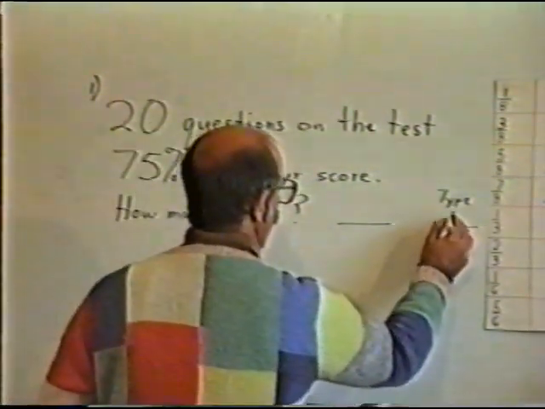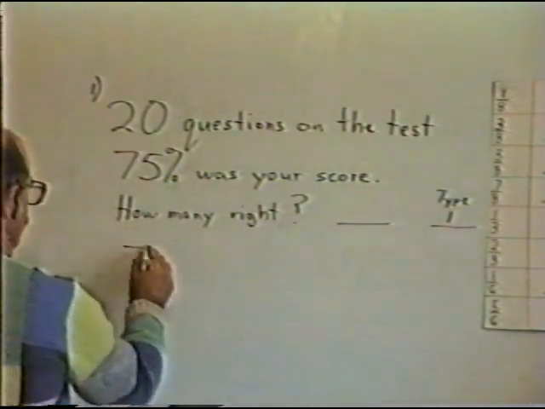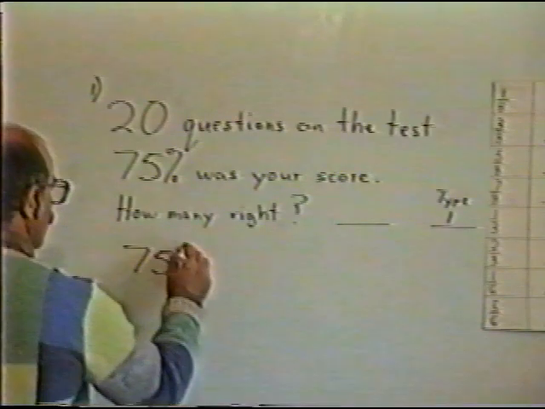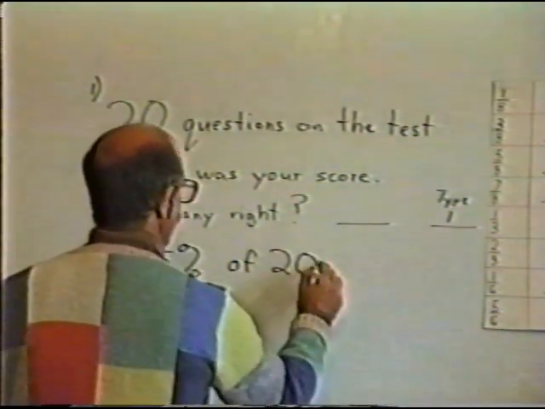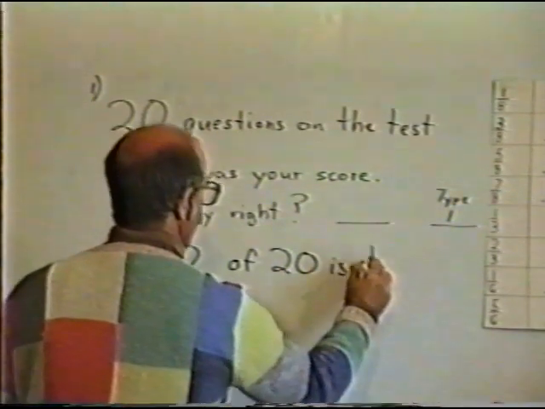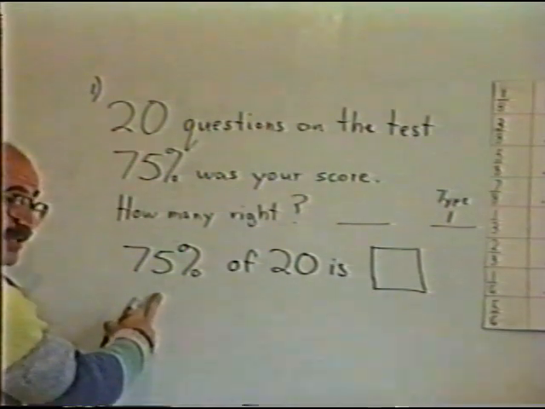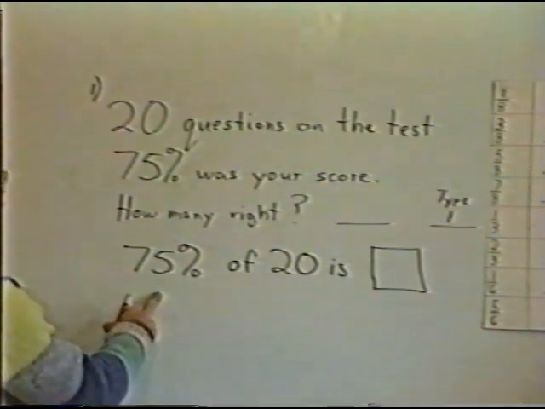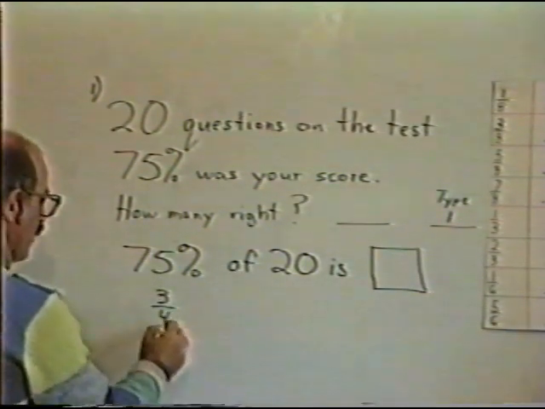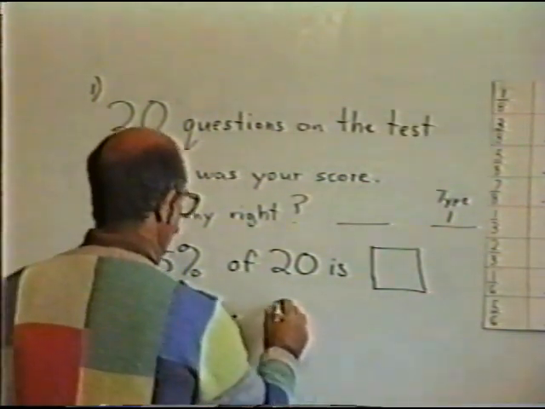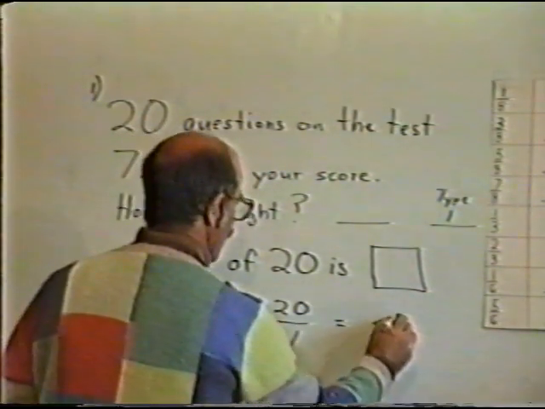And our number sentence will be 75% of 20 is what? What is 75% as a fraction in lowest terms? 3/4. 3/4 times 20 over 1 equals x.